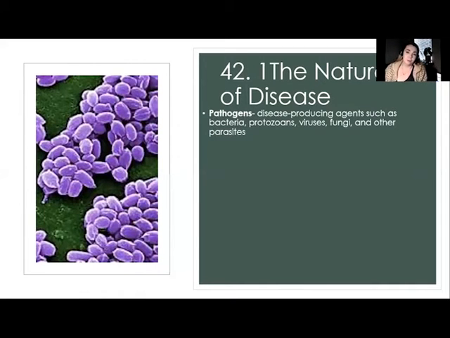42.1 is primarily over the nature of a disease, what we observe from it, what we expect from it, and what we know about it. Now, the word pathogen refers to anything that causes a disease. So, any biological thing that causes a disease.